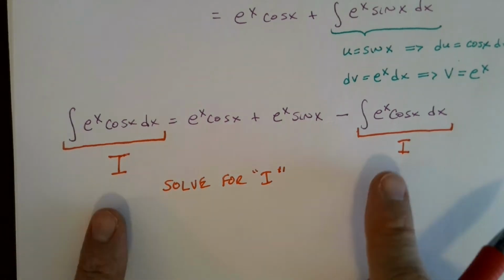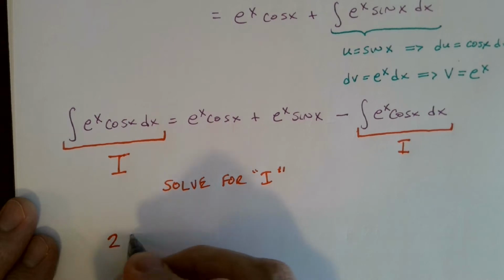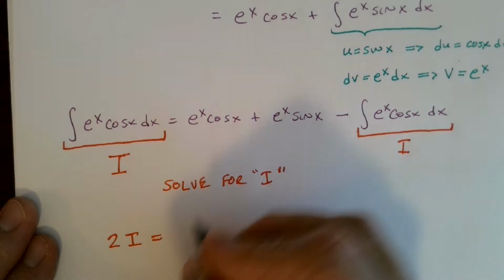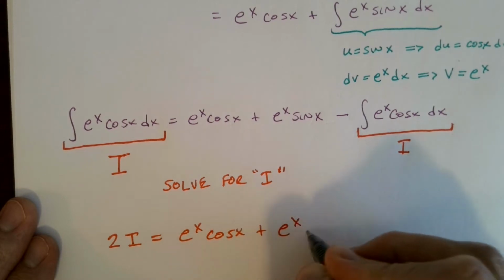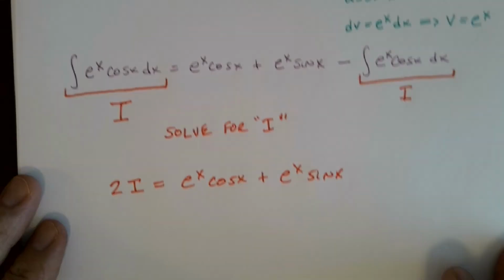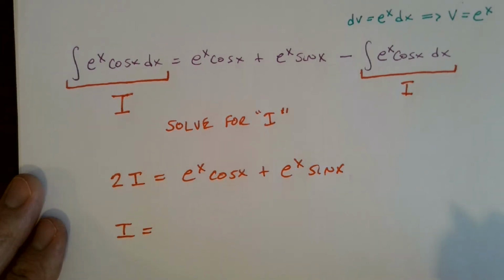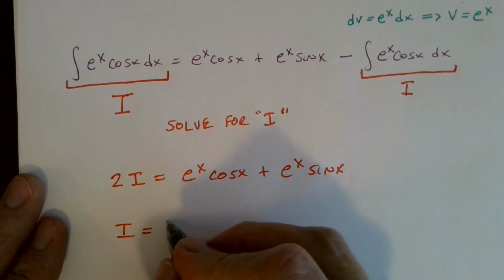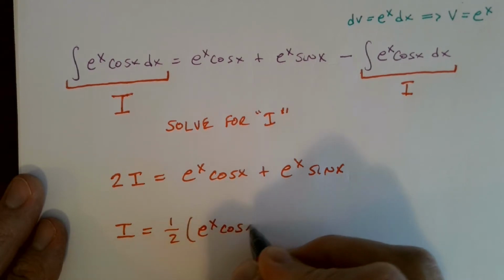And yeah, add I to both sides. I get 2I is what? What's left? e to the x cosine x plus e to the x sine x. And then I get what? Solve for I by what? Multiplying by a half or dividing by 2. I'm going to multiply by half.